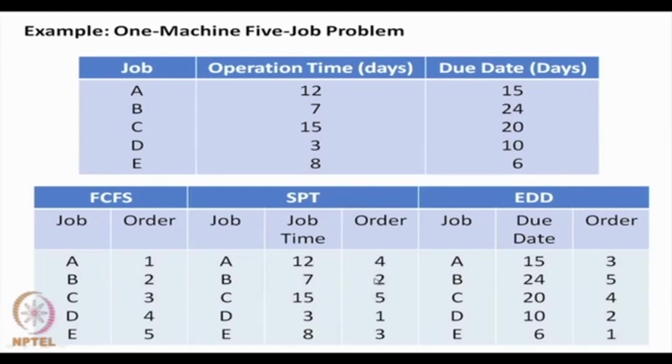So, this is order 2, then E order is 3, then A order is 4, and then C is the highest, that is the 5th, that should come in the last. So, the order is D, B, E, A and C.